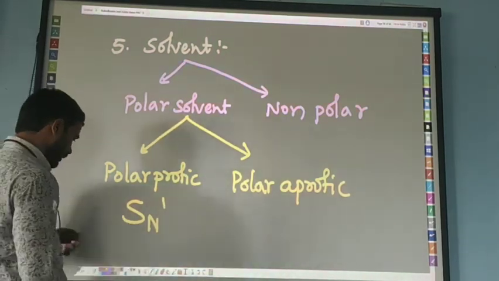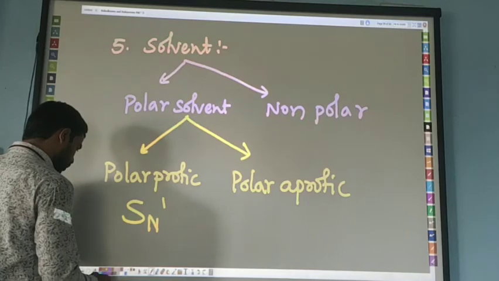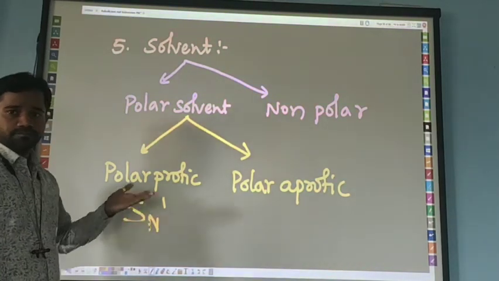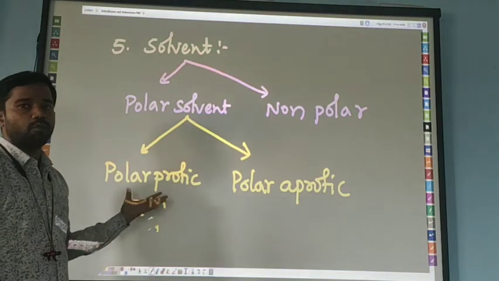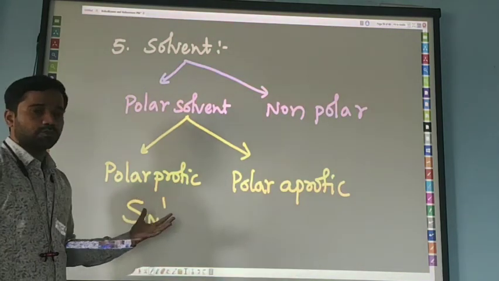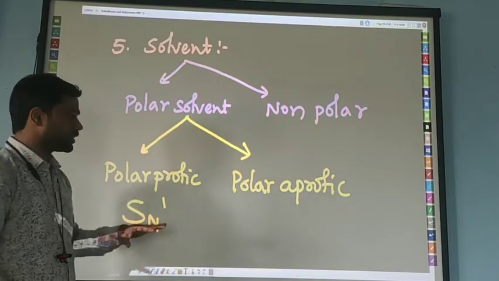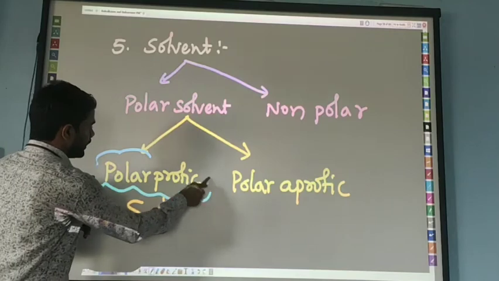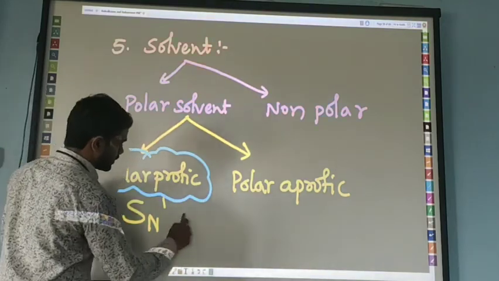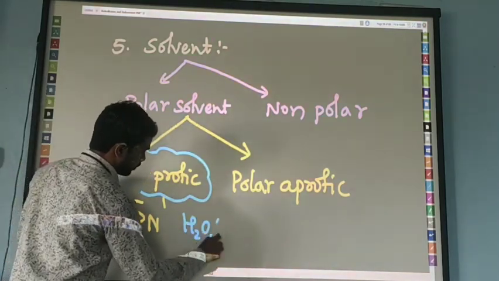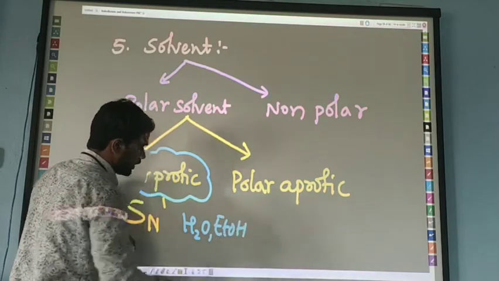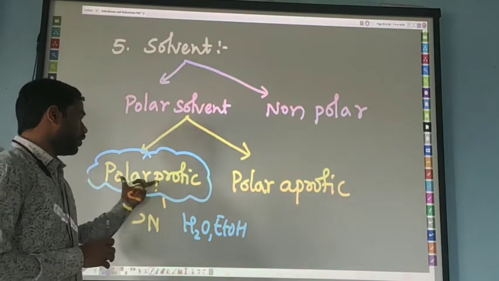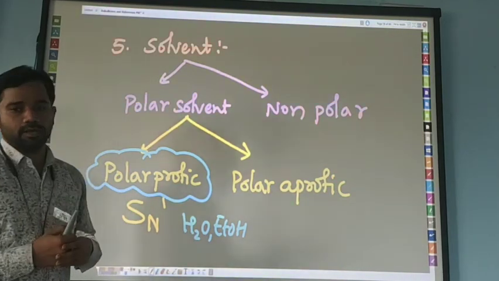What do you mean by polar protic? Polar solvents such as water and alcohol are considered polar protic solvents, which possess acidic hydrogen. Here I am taking water and ethanol as examples. We have acidic hydrogen present here, that's why I am considering it a polar protic solvent.